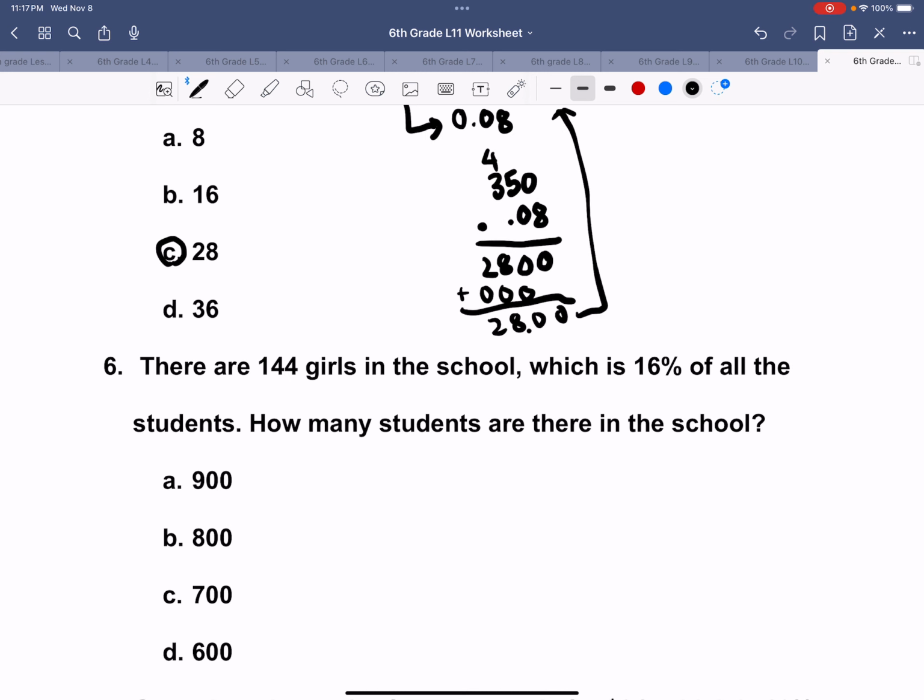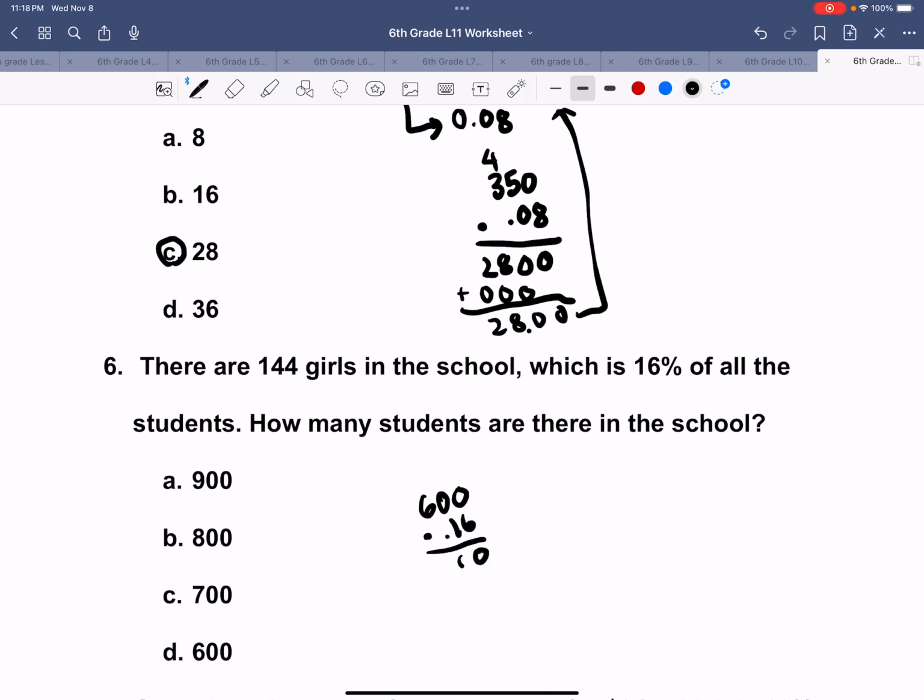There are 144 girls in the school, which is 16% of all the students. How many students are in the school? So we can use the answer choices here. For example, let's try and take 600 for an example.